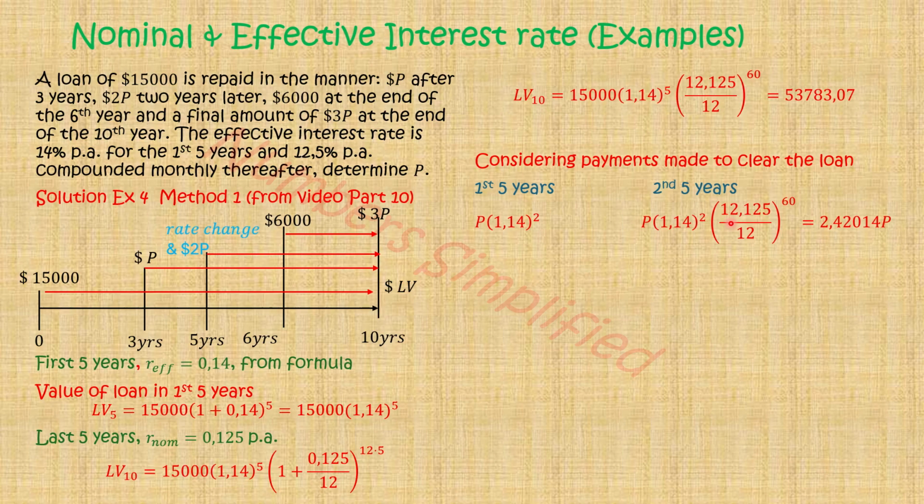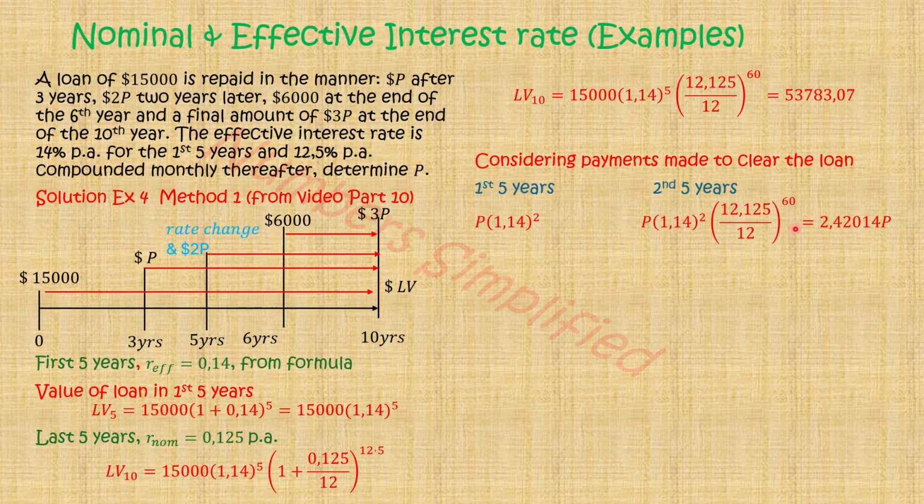And we see that we obtained this from the time we were finding the value of the loan in the last 5 years, or up until the end of 10 years. Then we had that to be (12.125/12) raised to the power 60. And the 60 comes about because we have 5 years and this is compounded monthly.